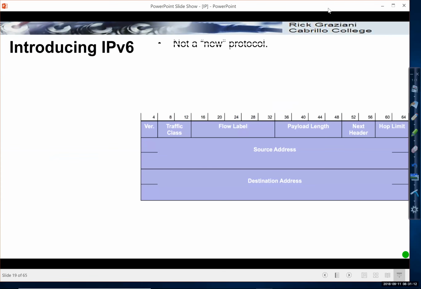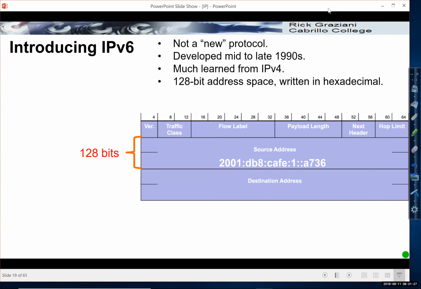Okay, so introducing IPv6. First of all, it's not a new protocol. It was developed initially in the mid to late 1990s, but there's been a lot of changes to it since then. A lot was learned from IPv4, not just larger address space, 128-bit addresses instead of 32 bits, but they modified the protocol.